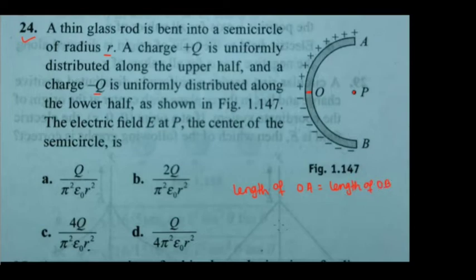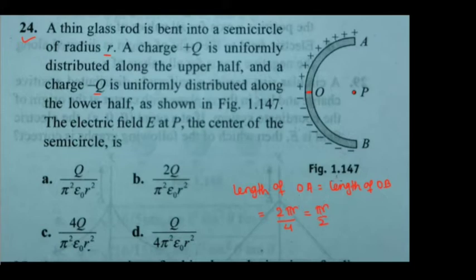This is 1/4 of the circumference of a complete circle. If r is the radius, then 2 pi r is the circumference, and OA is 1/4 of that, so the length of OA is 2 pi r by 4, that is pi r by 2. So the lengths of OA and OB are both pi r by 2.